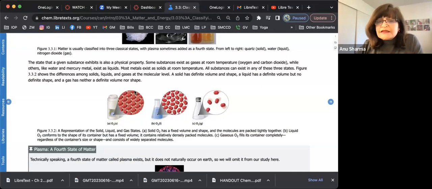The particles in gases are very far away, with very little attraction. In liquids, the particles have some attraction, but the particles are mobile. In a solid, the particles have a very fixed arrangement and are very close to each other, which is what gives them a rigid shape.